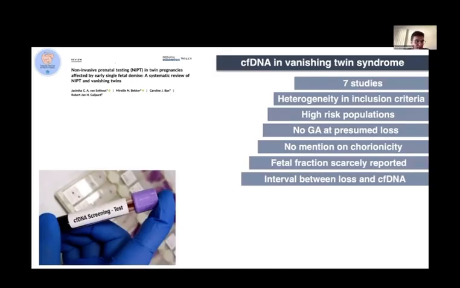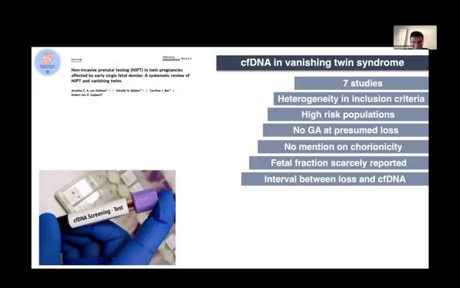In order to answer that, I retrieved a systematic review, and we are doing something similar together with ASMA. There are not so many studies looking at this topic, a very few of them, 7 to 9, and the problem with these studies is that they are not similar. They are very heterogeneous as regards the inclusion criteria, with most of them including a high-risk population, fetuses with anomalies. They do not accurately report gestational age at presumed fetal loss.